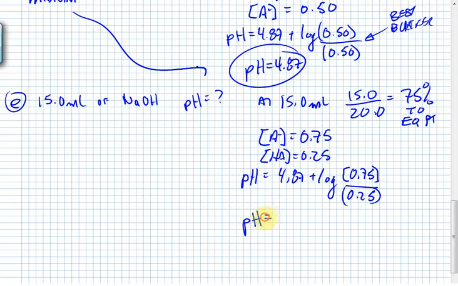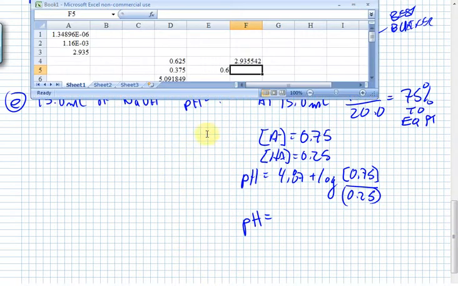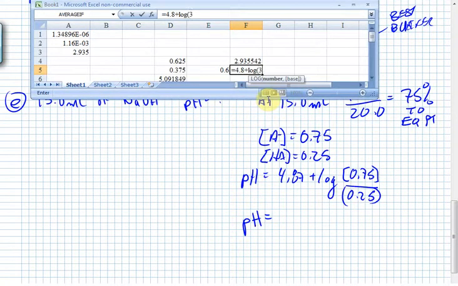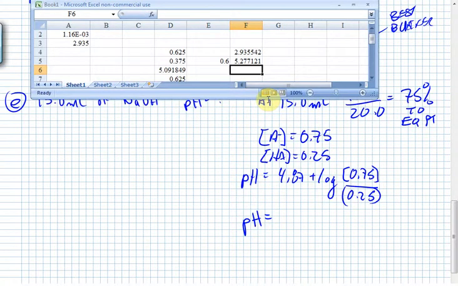The pH at this point is going to be, log of 3. Again, let me stop and do a quick calculation. pH is going to be 5.28.